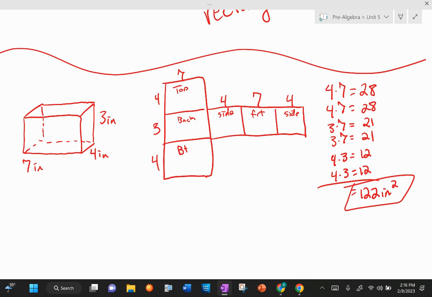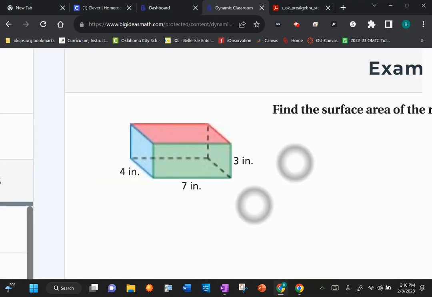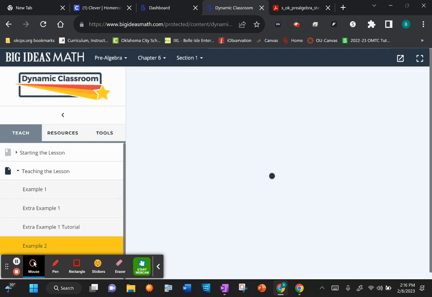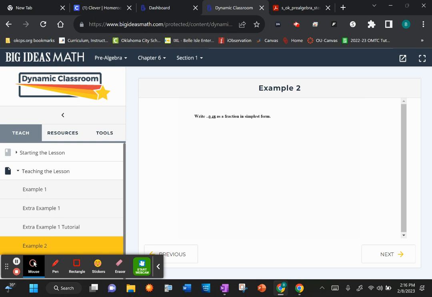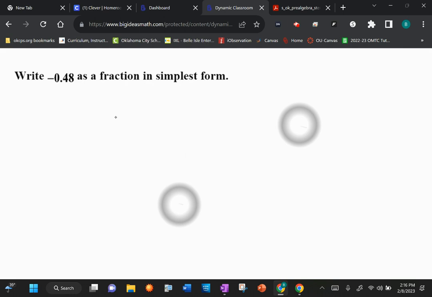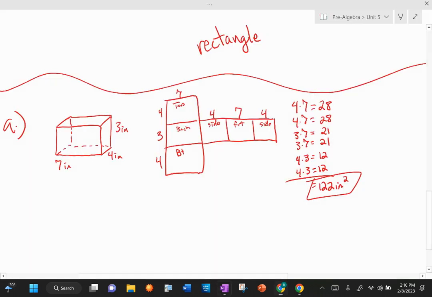All right. Y'all are going to love this one. Okay, example 2. So this one's a little bit different. Okay, so squiggly line. What do I mean by that?